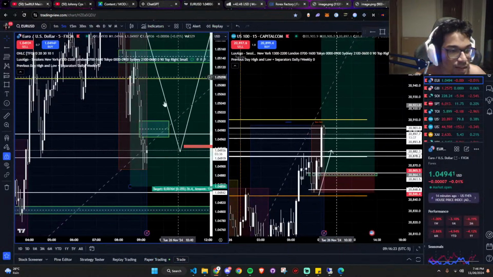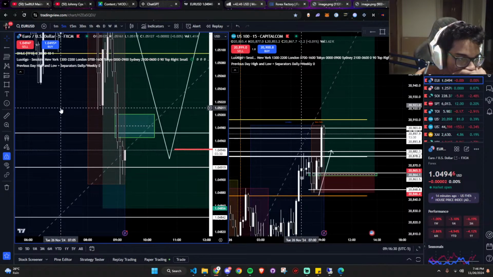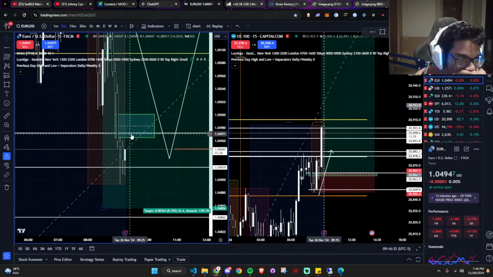It's okay, let it play. Let it play. It's not retested, it's okay. Seems like it's about to retest this inverse rally gap.